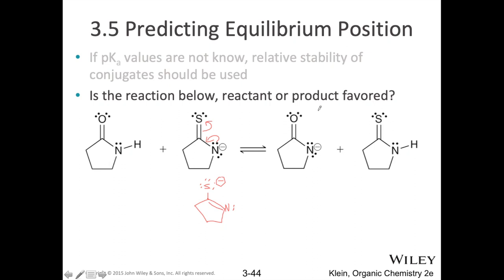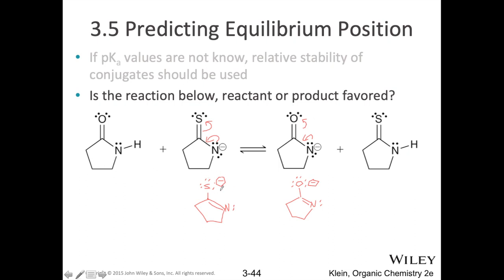Now, the oxygen is going to do the same thing, right? So you still have resonance here. Here I can draw it out so you can see that a little bit better. Okay, so there's our oxygen. So if you see that resonance going that way, the difference then becomes, if this is my conjugate base, which of these is more stable, right?